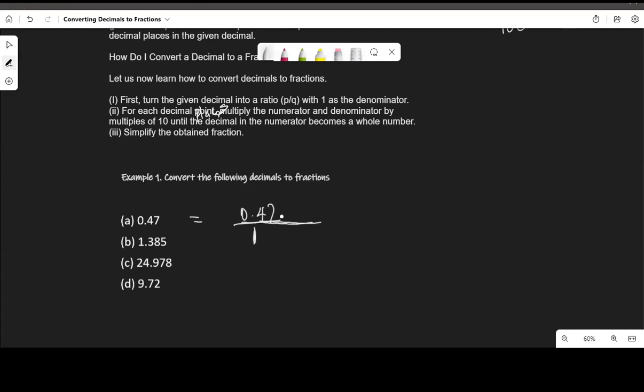So here that we have 2 decimal places, we use a power of 10 that has 2 zeros, which is 100. Whatever we do in the numerator, we do in the denominator. That means 47 over 100. There's nothing that divides 47 and 100, so this fraction is already in its lowest form. That's for the A part.